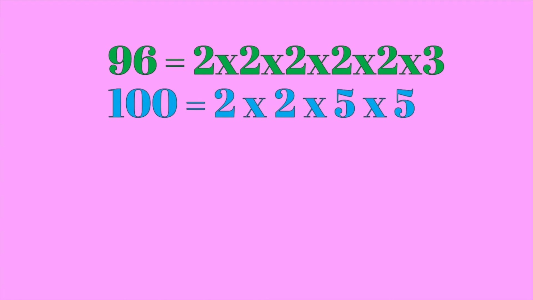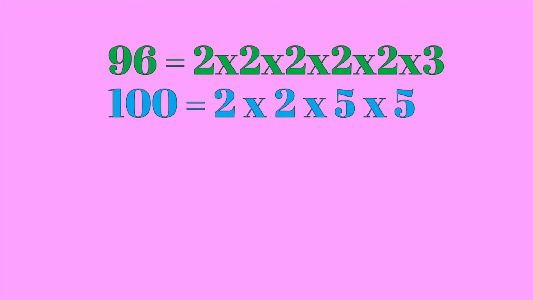Now, if we look at one last example, we have 96 and 100. Here, the numbers seem relatively close, but if you break down the prime factorization, 96 ends up being 2 times 2 times 2 times 2 times 2 times 3, and 100 is 2 times 2 times 5 times 5.